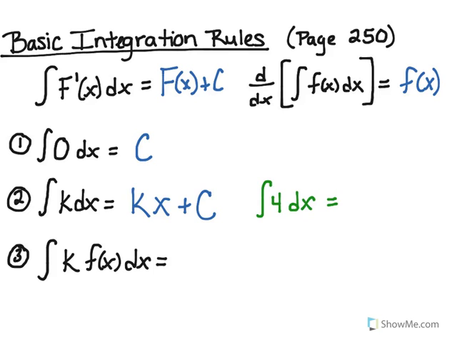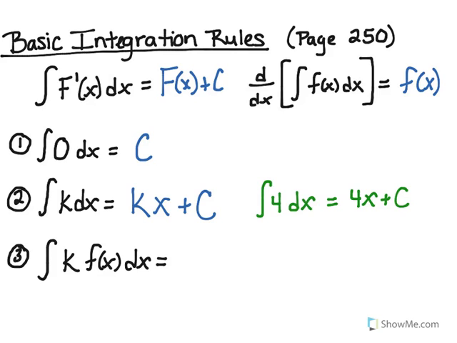According to this rule, the antiderivative would be 4x plus c. Now, if I say find the derivative of 4x, you're going to tell me that it's 4, which is what the integrand was, so that checks out. And then the derivative of the plus c, that's a plain old constant. The derivative of a constant is 0, so I do in fact get the integrand, which was plain old k.